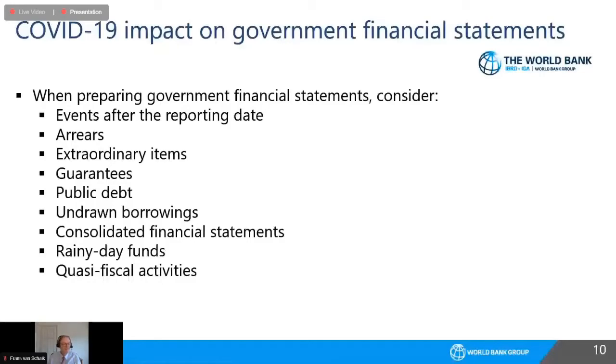Now governments may bring these funds into the financial statements because they plow them back during COVID-19. If government is taking funds from the rainy day funds, the amount received, which is a cash inflow for the government, needs to definitely be reported in the financial statements and disclosed, along with how it is going to be used.